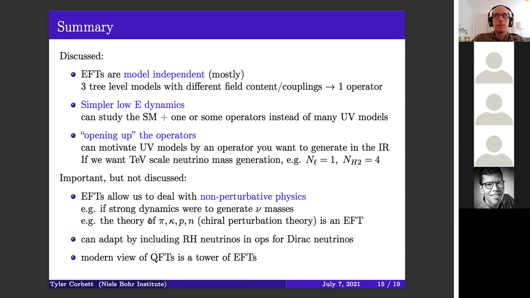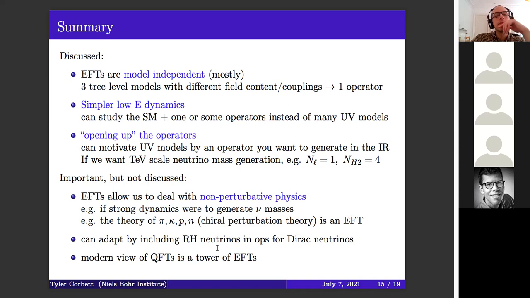And the theory that I can use to actually describe the scattering of pions, kaons, protons, and neutrons is an effective field theory. And you can do these calculations accurately, systematically and provably, without having to understand how QCD condenses into these particles. And this is called chiral perturbation theory.